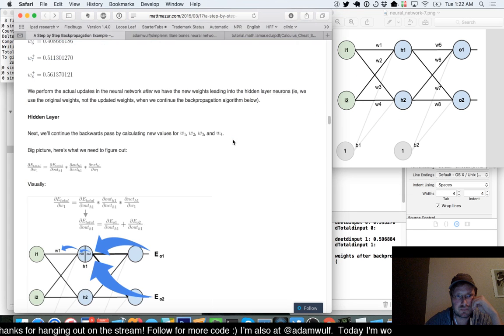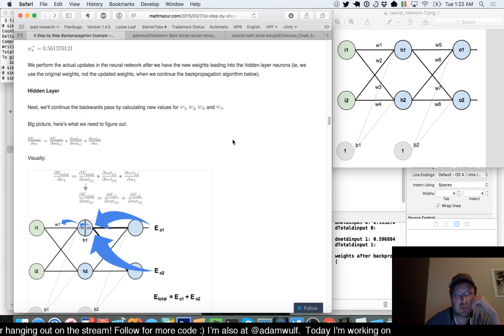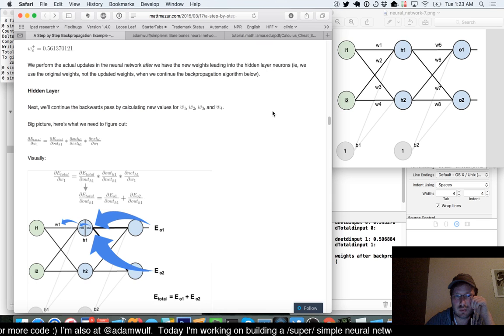All right. So this one's going to be interesting because here we had one target value to generate the output. But here we have two target values coming in, right? We have this guy coming in and this guy coming in. So we're going to have two inputs coming in that we need to work on.